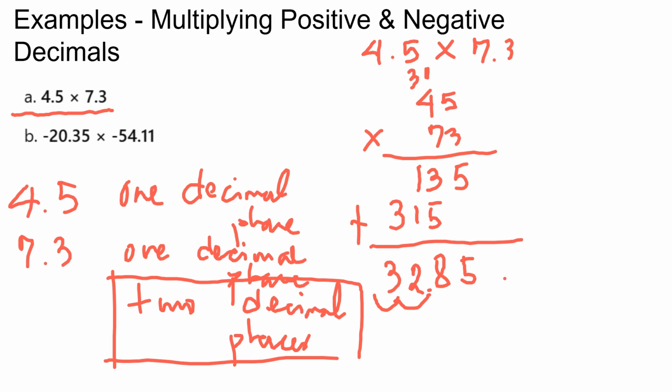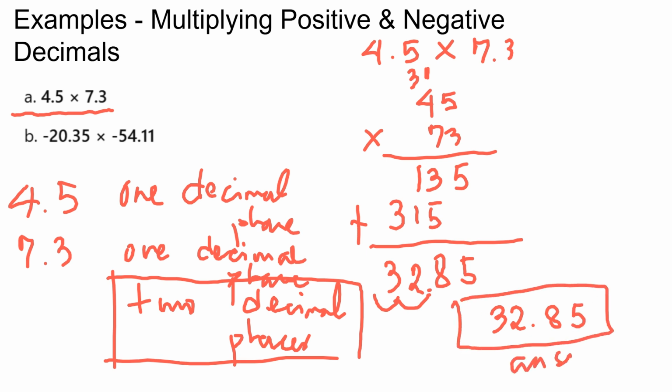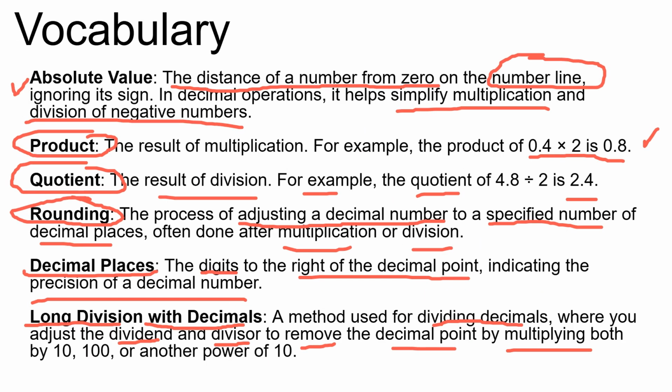So our answer now will be 32.85. That is our answer. Let me repeat that. Our final answer would be 32.85. And why is it positive?